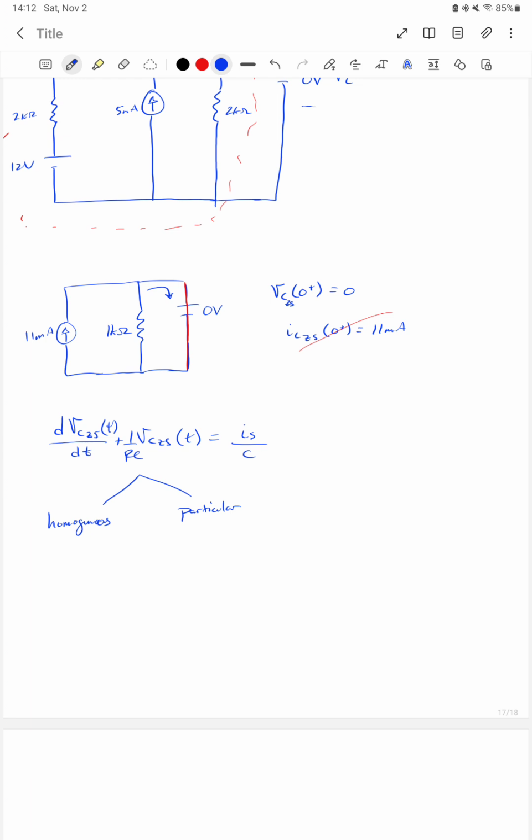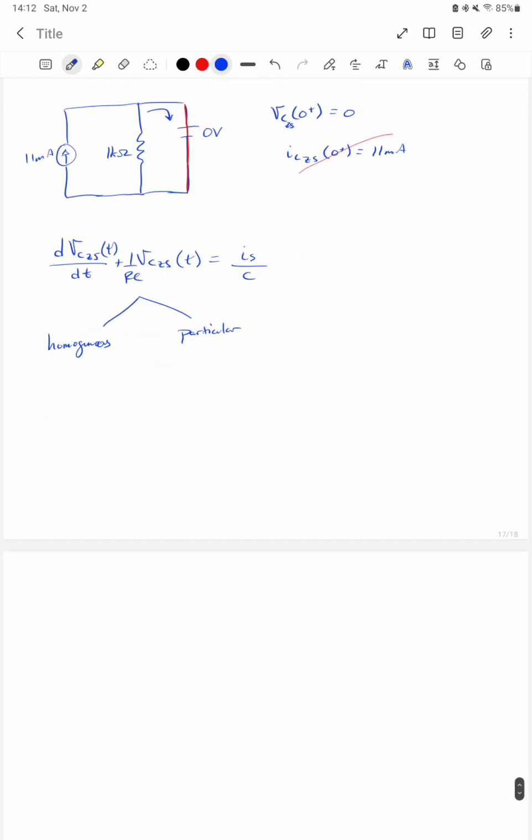So we're going to have to now do both portions. So let's focus first on the homogeneous, which means we're going to have the same dVC homogeneous over dt plus 1 over RC VC homogeneous.